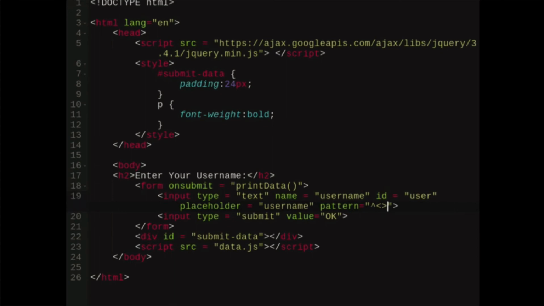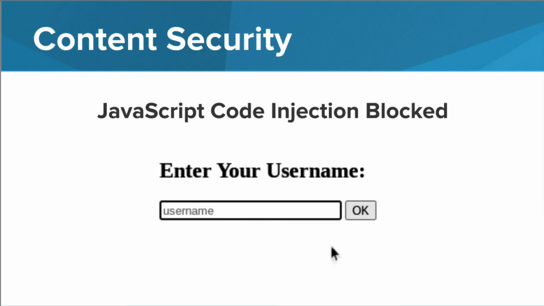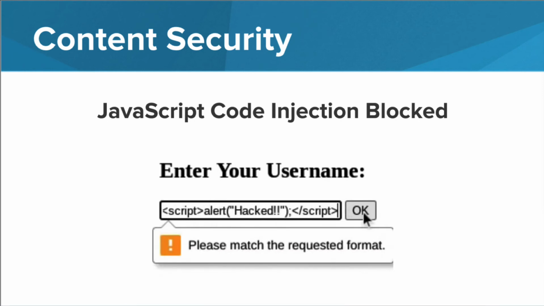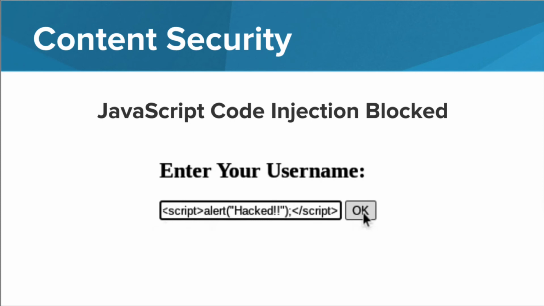Let's see what happens when the JavaScript code is now injected. Now when the JavaScript and HTML symbols are found within the text input, the browser no longer allows it to be submitted. This is one way of escaping characters and blocking cross-site scripting.